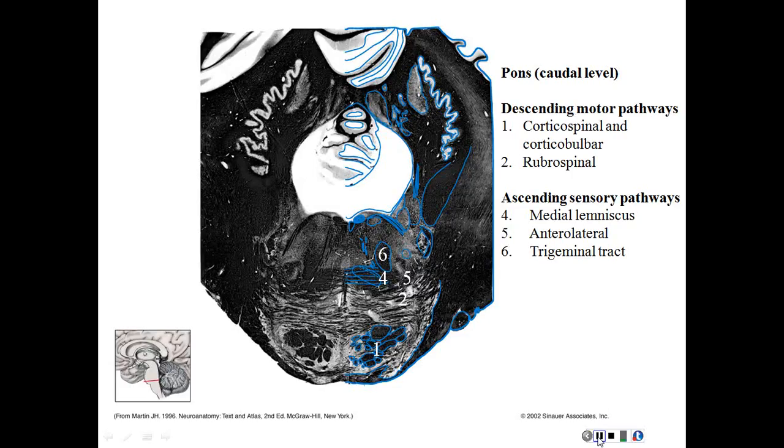So of these three nuclei here in the rostral medulla, right? Vestibulocochlear, vagus, hypoglossal, right? Which ones do you think receive this corticobulbar input?